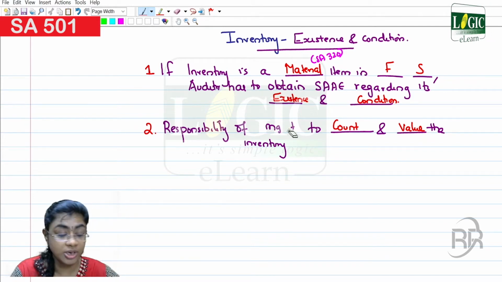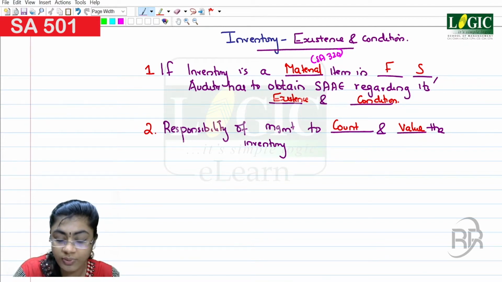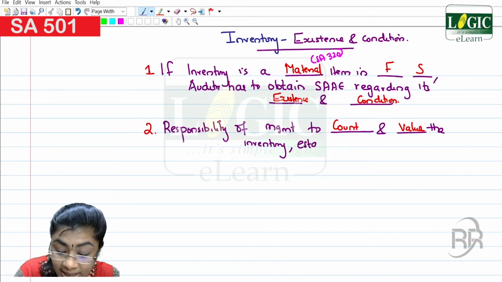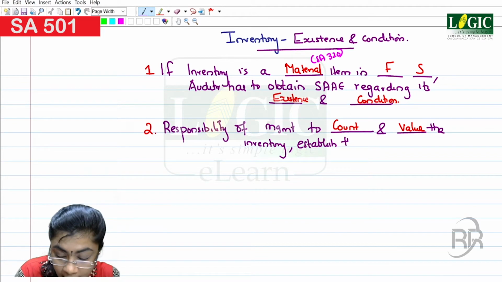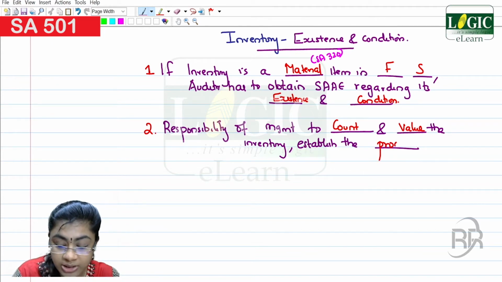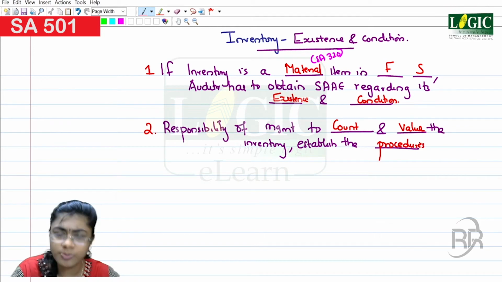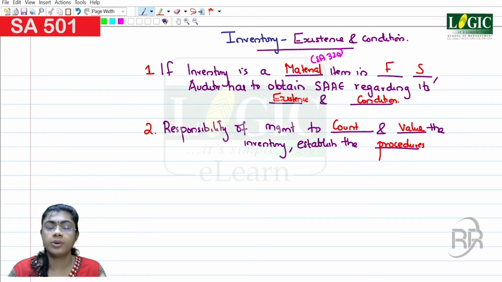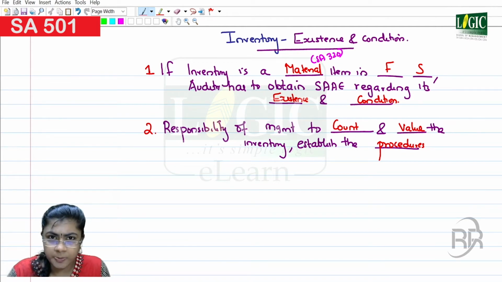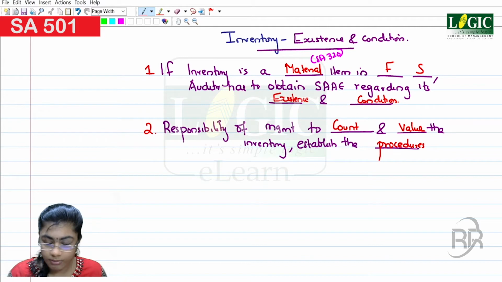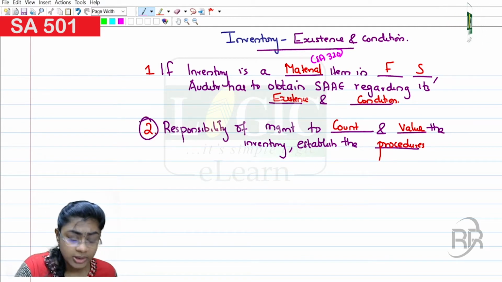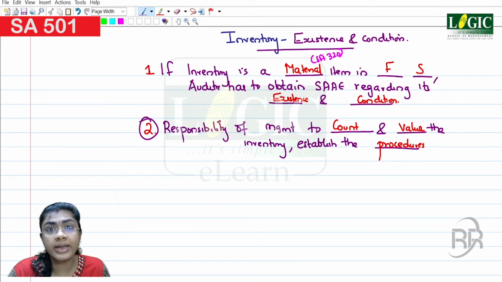It's a responsibility of management to count and value the inventory, as well as to establish the procedures with respect to inventory. You know, the method, the work in progress, its percentage of completion, etc.